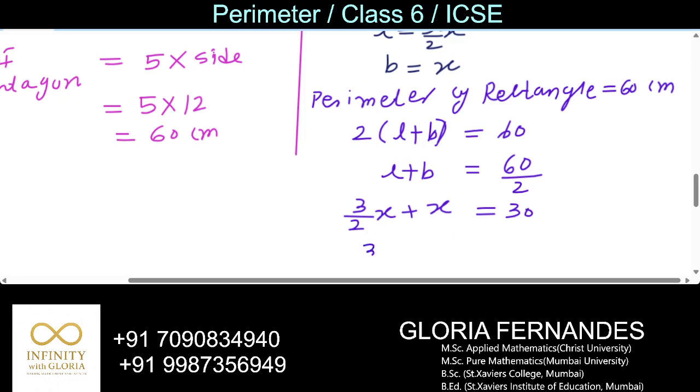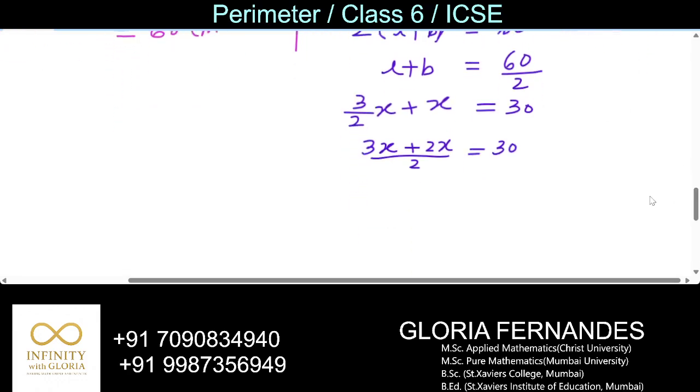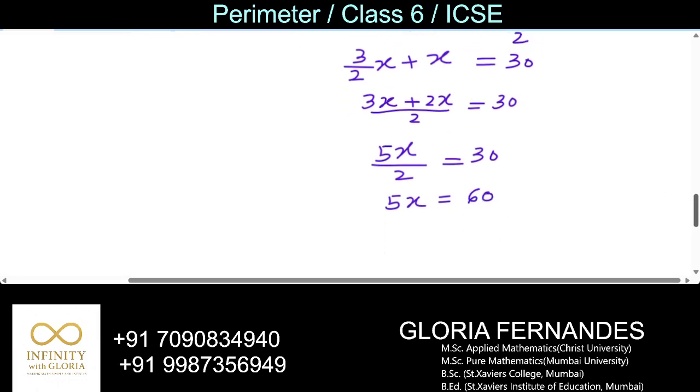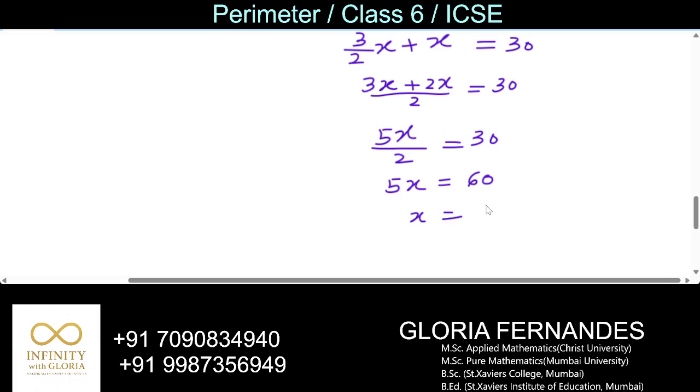So when you simplify this, you cross multiply, 3x plus 2x upon 2, which is equal to 30. So we have here 3 plus 2 is 5x upon 2, which is equal to 30. So 5x is equal to 30 times 2, which is equal to 60. So x is equal to 60 upon 5. So x is equal to 12 centimeter.